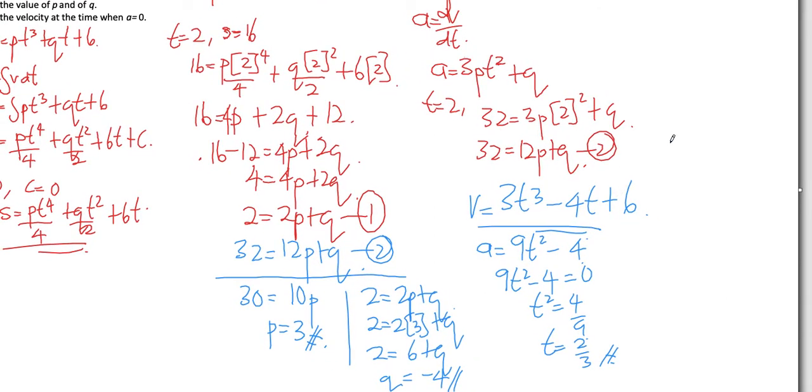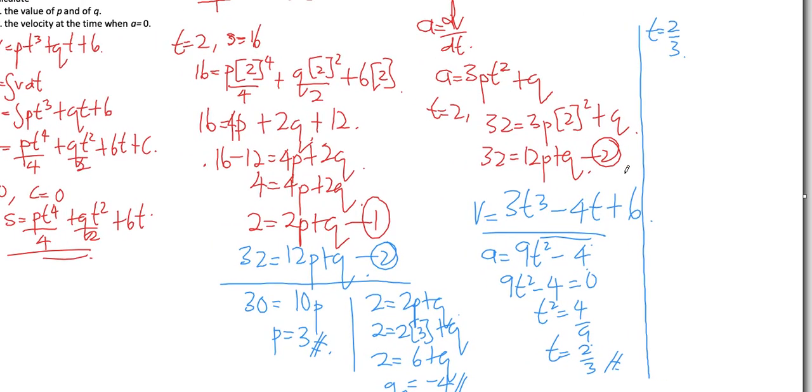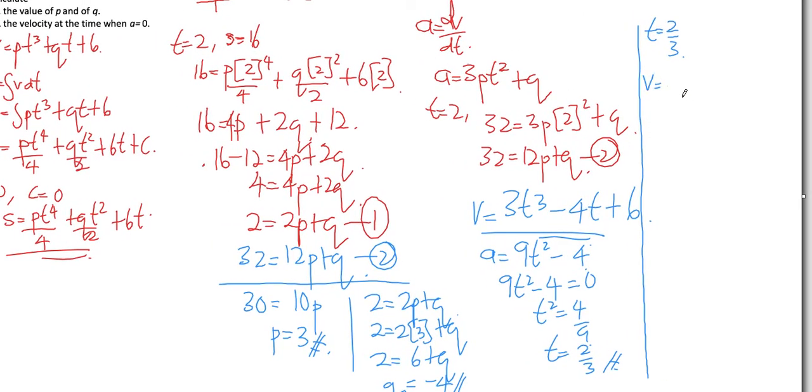Remember that. Now, the velocity at the time when a equals 0, that is when t equals 2 over 3. So all you have to do is sub your value into the velocity equation. So 3 times (2 over 3) cubed minus 4 times 2 over 3 plus 6, and that is 3 times 8 over 27 minus 8 over 3 plus 6.